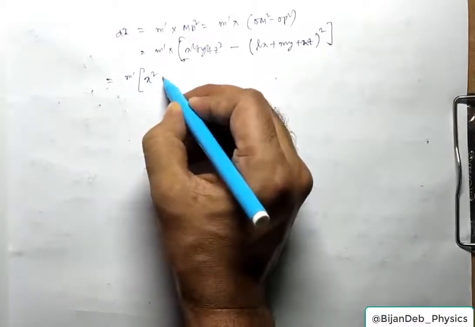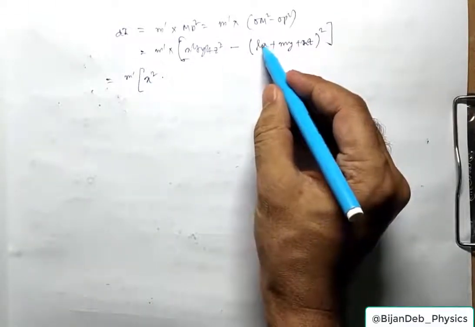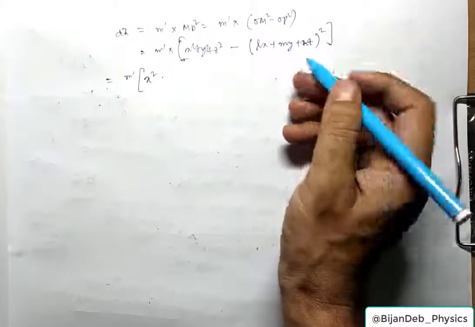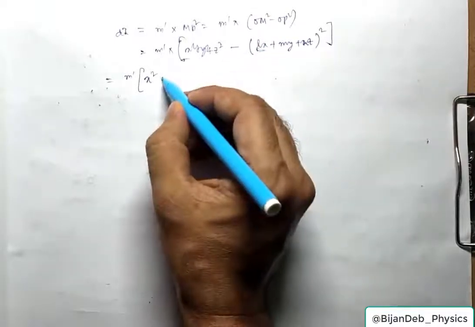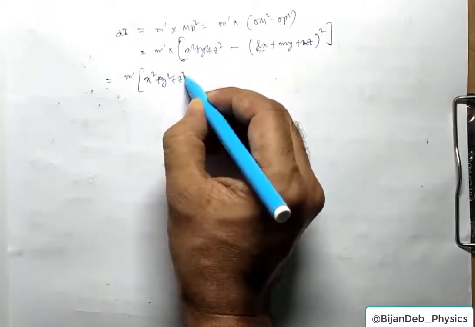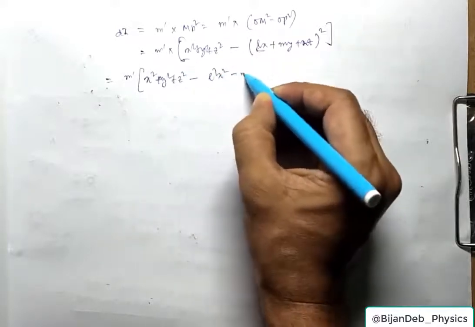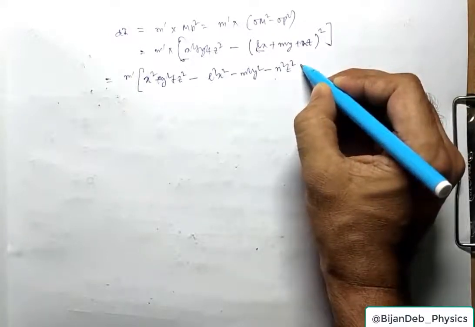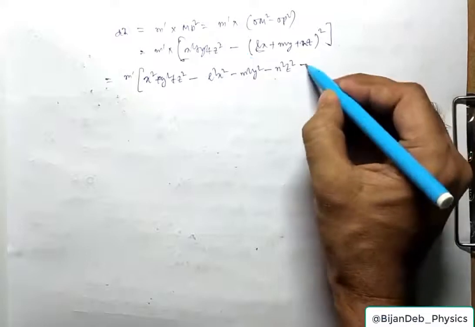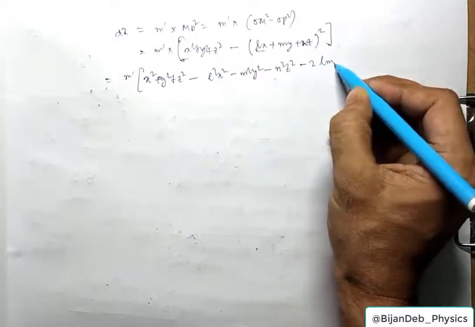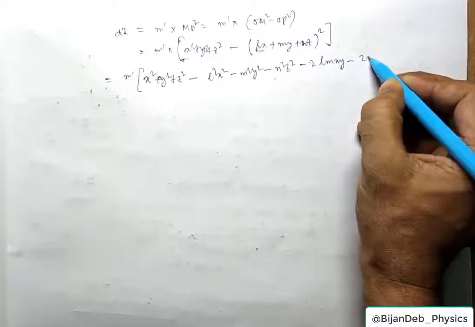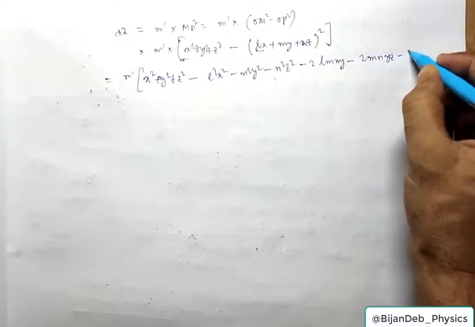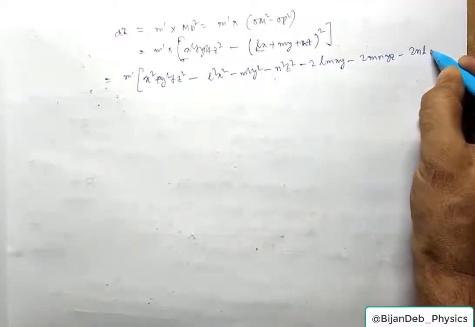The square here will be a square plus b square plus c square plus 2ab, 2bc, 2ca, like this. So you get x square plus y square plus z square minus l square x square minus m square y square minus n square z square. Actually it will be all plus, so minus 2ab means 2lm xy, minus 2mn yz, minus 2nl zx.